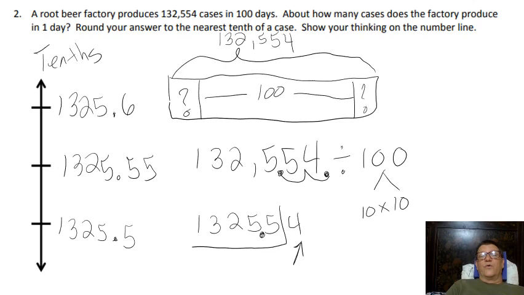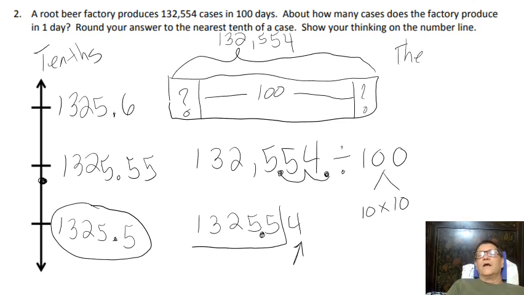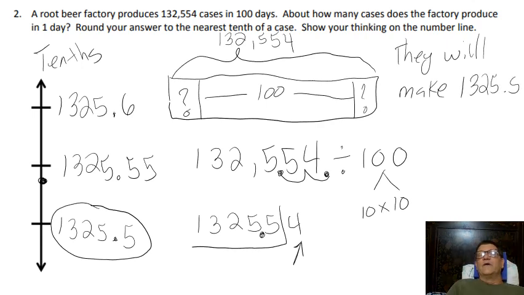So I know the 4 is going to be roughly right here. To round this, we know it's below the midpoint, so they will make 1,325.5 cases a day.